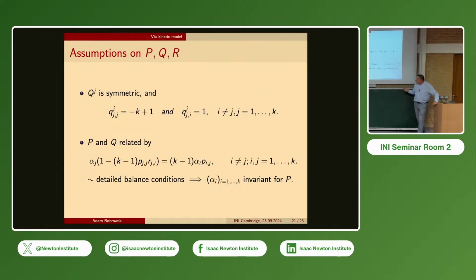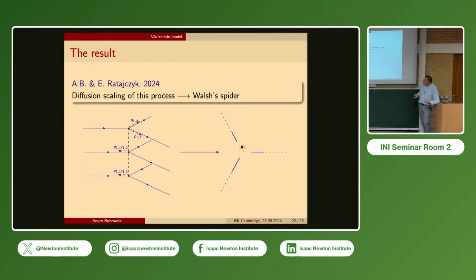Okay, and this P and Q must be related by some kind of condition. It's just something that came up technically, but it's very similar to detailed balance condition. So in particular, it implies that the vector of those alpha i's is going to be invariant for P. And the result is as expected.